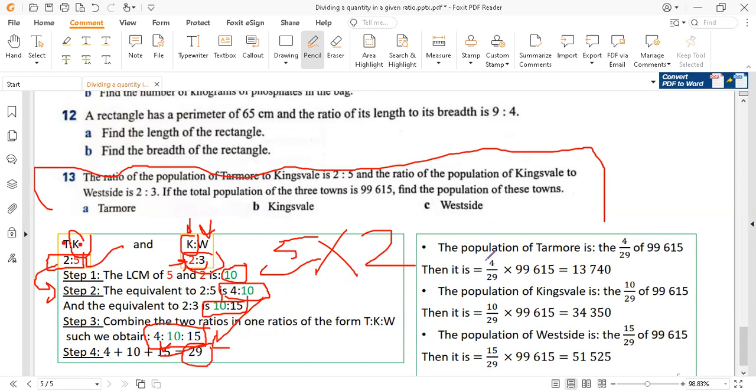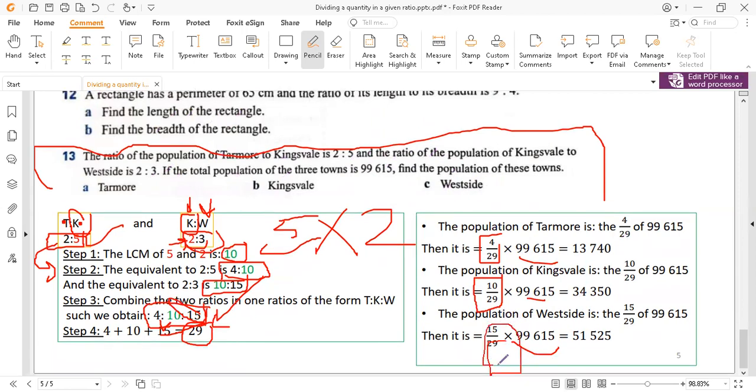And we know that we have 4 over 29 as the fraction for the population of Tarmor, 10 over 29 as the fraction representing the population of Kingsville from the given population of these 3 towns, and 15 over 29 of the whole population.